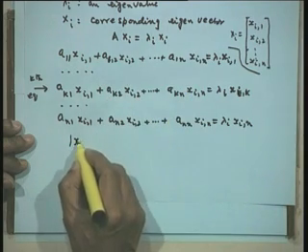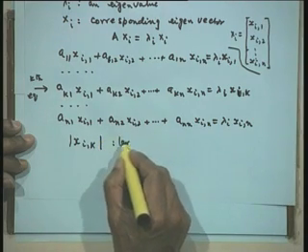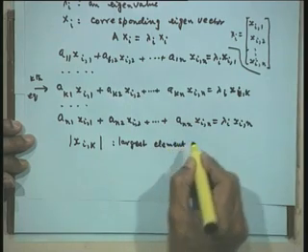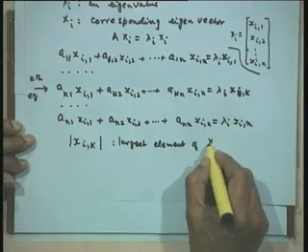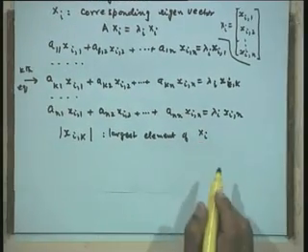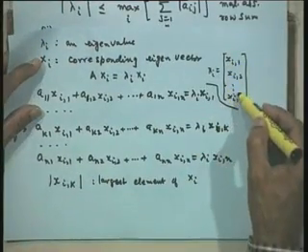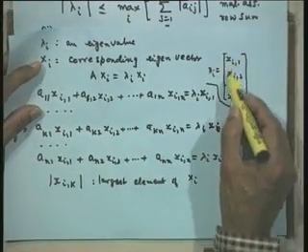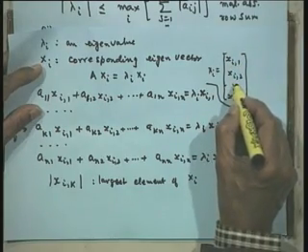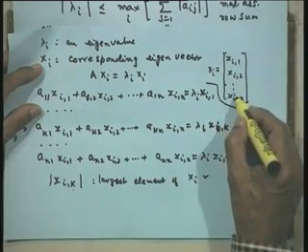So x_ik, I will take this as the largest element. I find that x_ik is the largest element in magnitude of all these components.